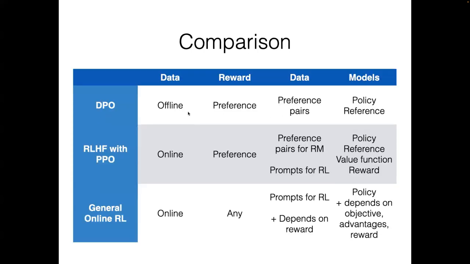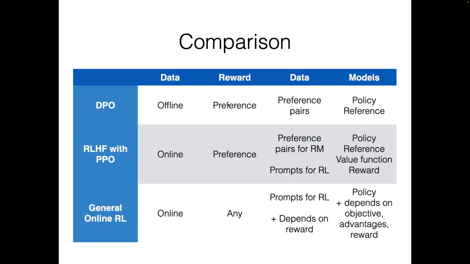So here's what I was saying. DPO is referred to as an offline method, meaning that all of the data that's involved is created prior to learning. Whereas these RL methods are online in the sense that they are updating the model and then generating more data with the model, and so on.